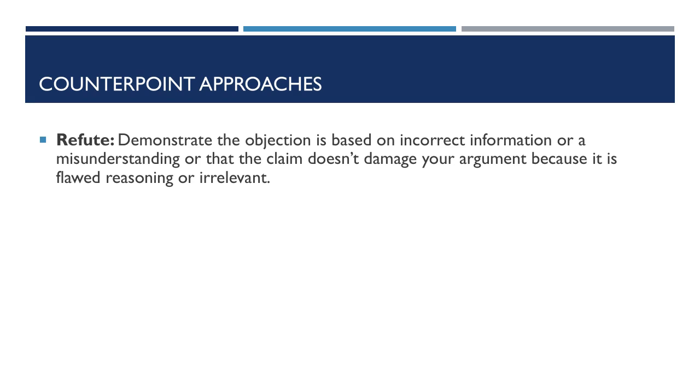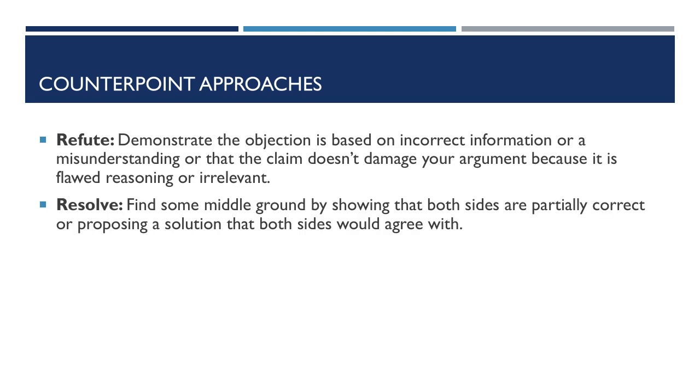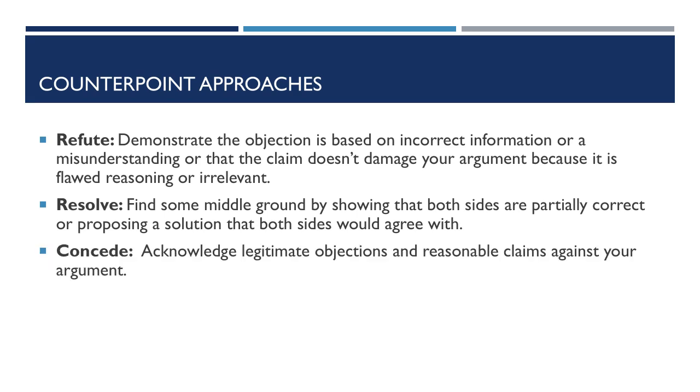So you can choose to refute the opposing side's claim, so demonstrate the objection is based on incorrect information or a misunderstanding, or that the claim doesn't damage your argument because it's flawed reasoning or irrelevant. Or you can choose to resolve the issue, find some middle ground by showing that both sides are partially correct and partially incorrect, or proposing a solution that both sides would agree with.